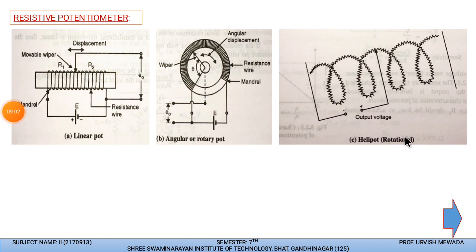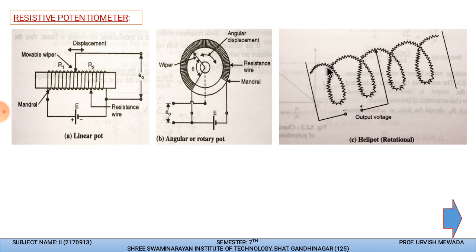So this is the third type of resistive potentiometer, called helipot or helix or rotational. In this we have both motions, so it can measure axial as well as rotational. It is a combination of these two.